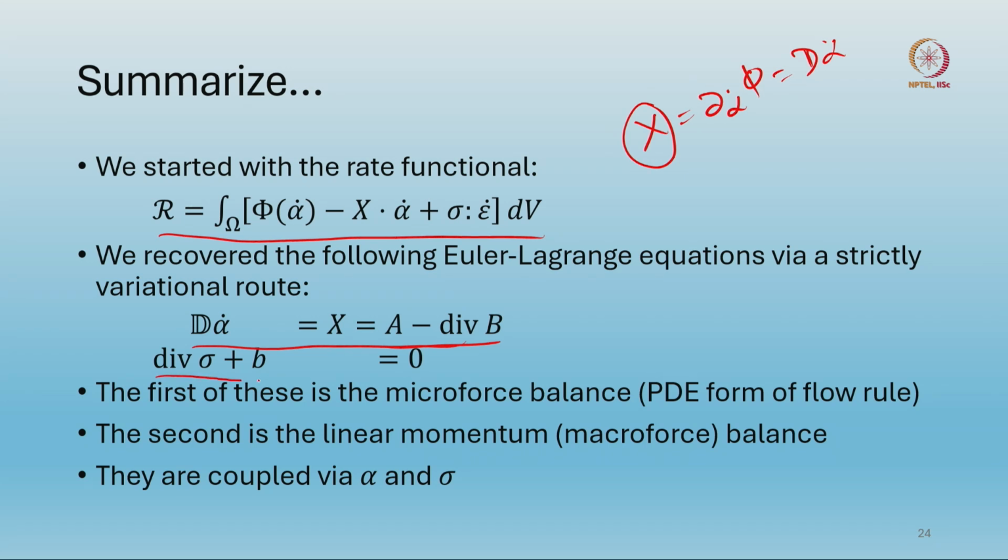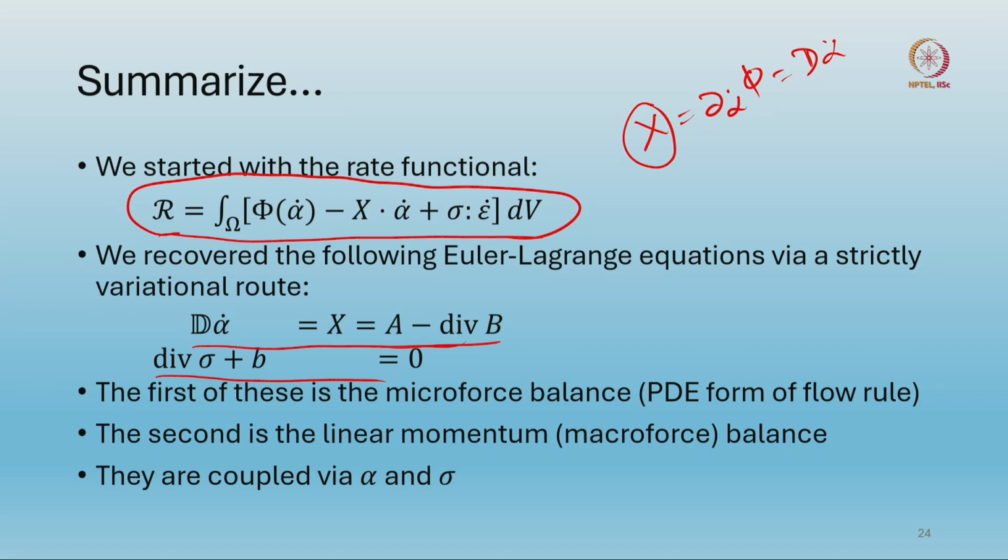And for the balance equation for the macroforce, the macrostructural thing, we do not need any local form. We actually always integrate this R, take the variation of this R and find it. So, these micro and macro balances are coupled, remember.